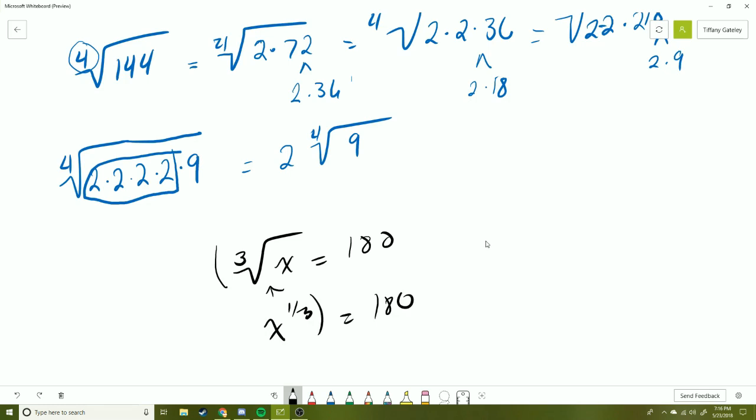Then you raise that to the index, so to the power 3. You raise this side to the power 3, it'll make this x to the 3 over 3, which is x to the 1. So x equals whatever 180 cubed is. So that's how you undo a radical if you're solving an equation: you raise it to the power of whatever your index is.